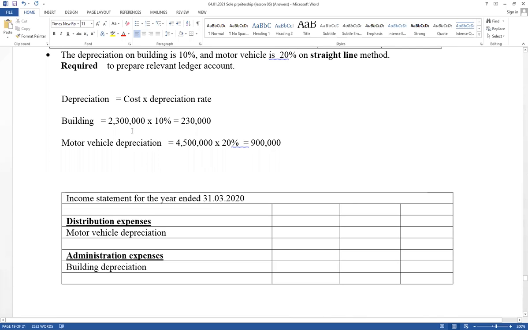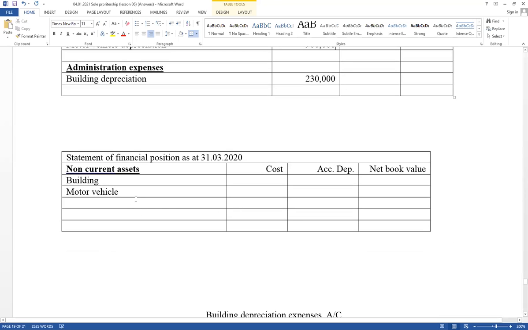Right now, think about annual depreciation of the building: 230,000 under administration. The motor vehicle depreciation equals 900,000, and that value should be included under distribution expense.